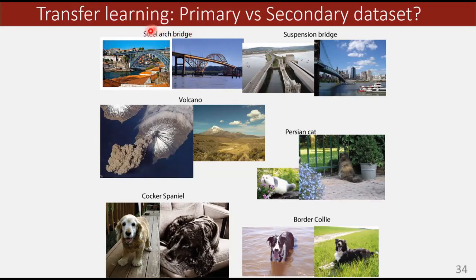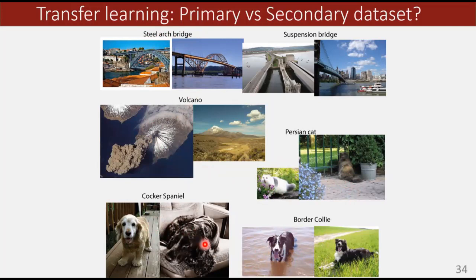This is one of the classes of ImageNet, Stewart Bridge. And you can see the images are very different. They have different resolution. The object to be classified has different colors, and there's occlusion. For example, in this case here, the background is different. The colors of the object themselves are different. So this is very different.